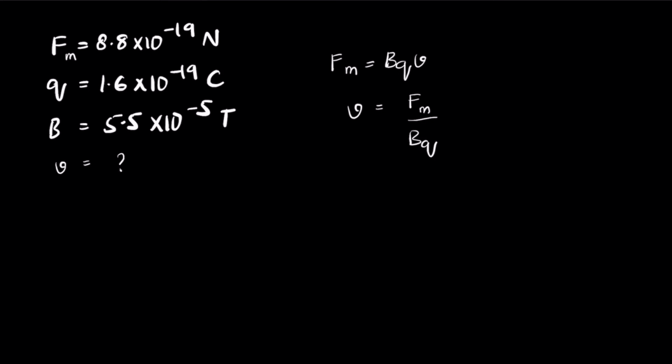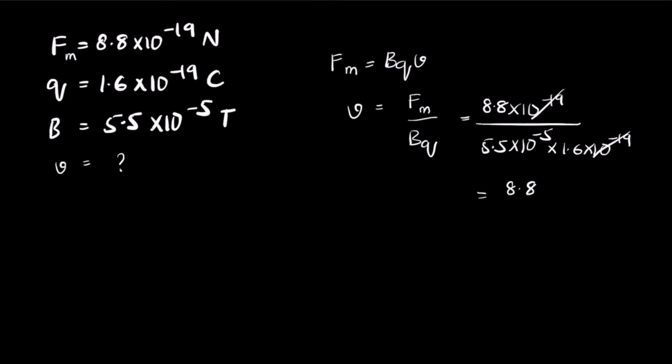Fm is 8.8 times 10 to the power negative 19, over B which is 5.5 times 10 to the power negative 5, times Q which is 1.6 times 10 to the power negative 19. So 10 to the power negative 19 and 10 to the power negative 19 cancel. So 8.8 by 5.5 times 1.6, into 10 to the power of 5.